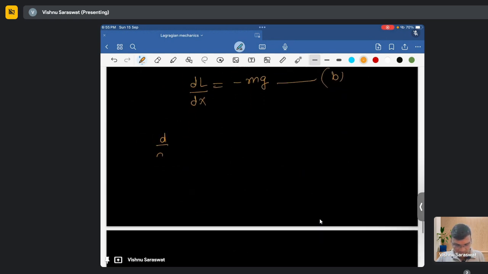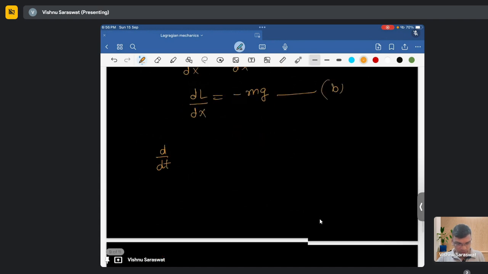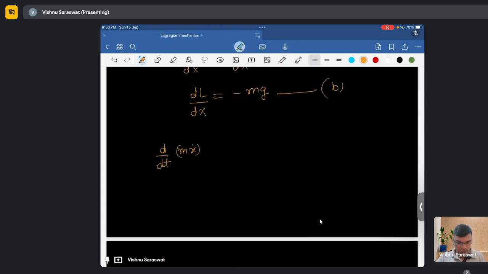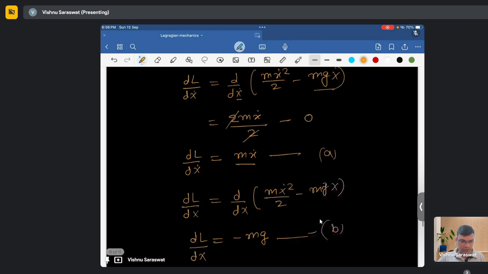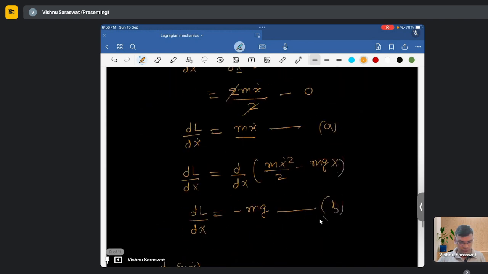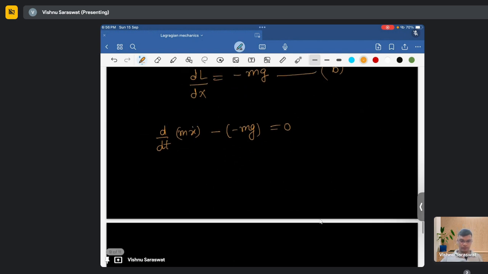So our equation looks like the time derivative of m x dot, and del L over del x, so we put minus mg, equal to 0. m is independent of time, so we write m as it is and x dot changes into x double dot here, and minus minus becomes plus, so we can write m g equal to 0.